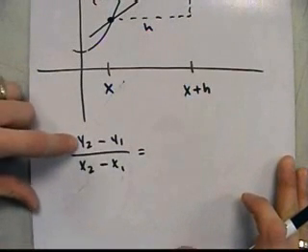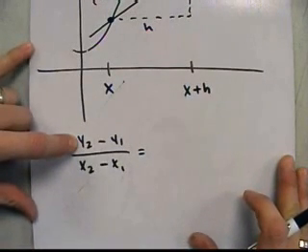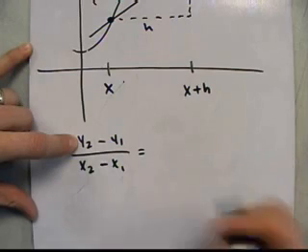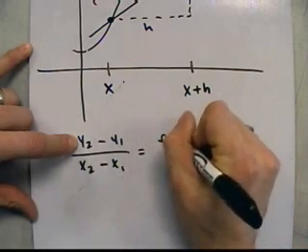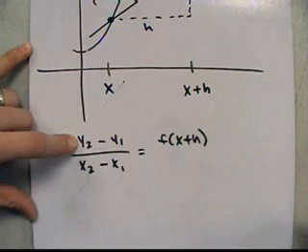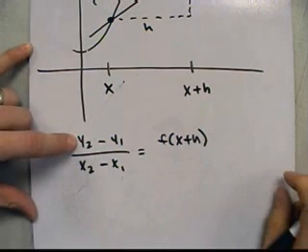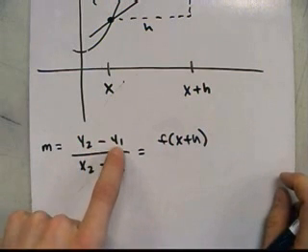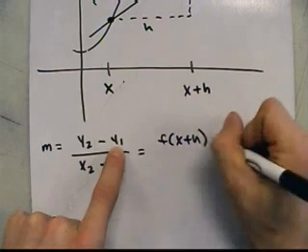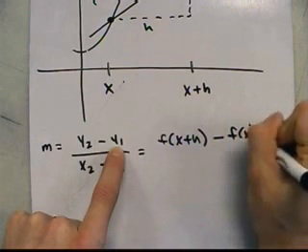What's my second y? f of x plus h, right? So this is going to be f of x plus h. That's y2. And then I subtract y1, my first y value. What's your first y value? f of x. So subtract f of x.